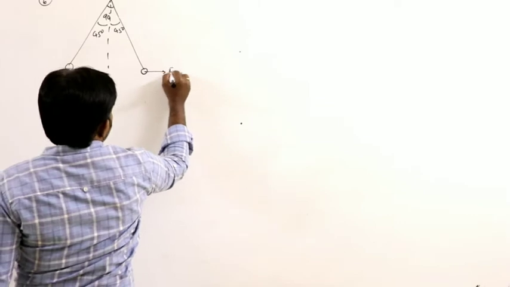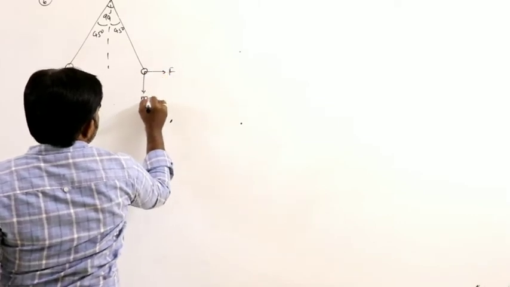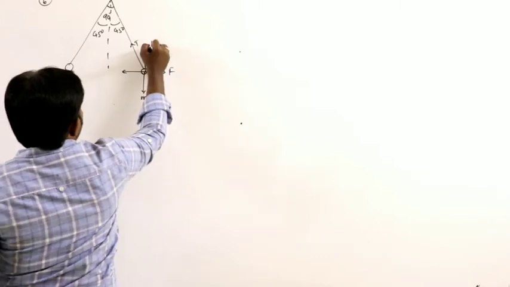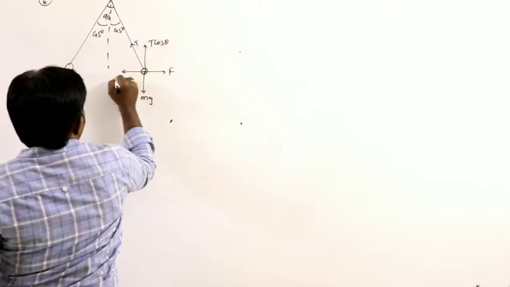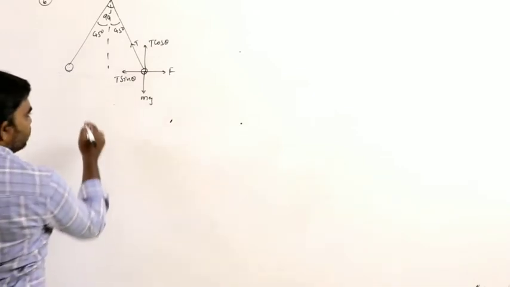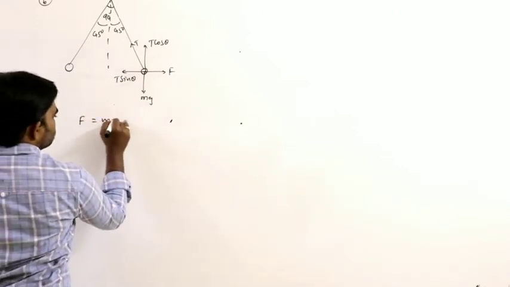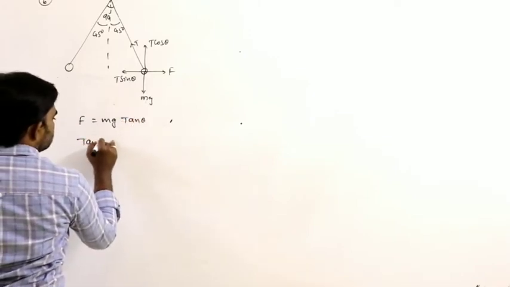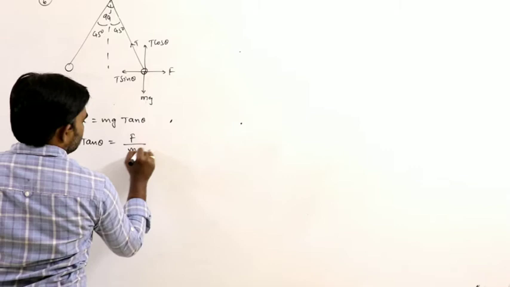Here this is the force of repulsion, this is mg, and this is tension T cos theta, T sin theta. From this, after solving, we get F equals mg tan theta. So tan theta is equal to F by mg.